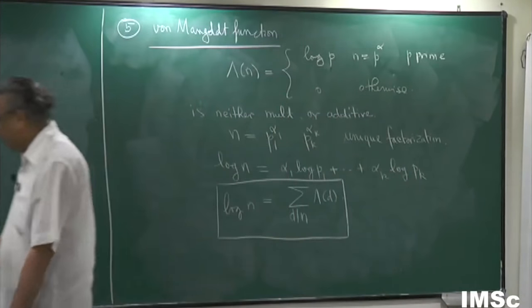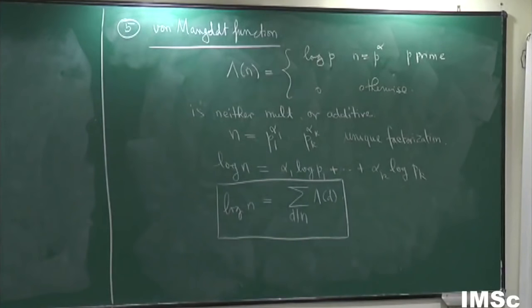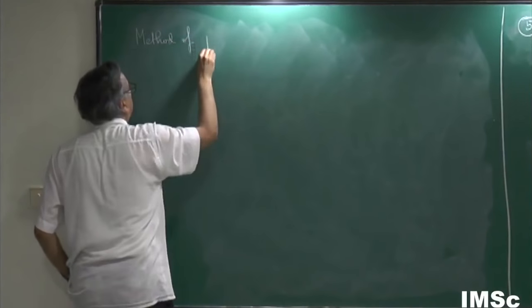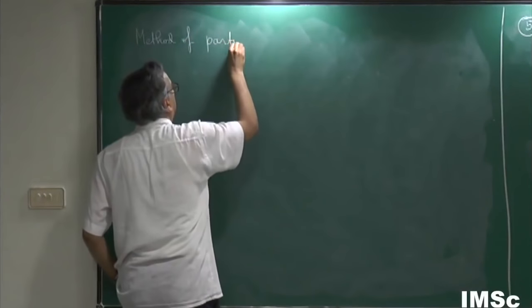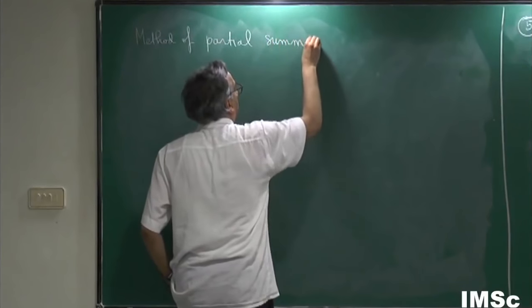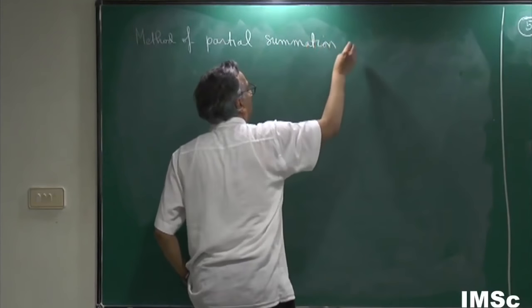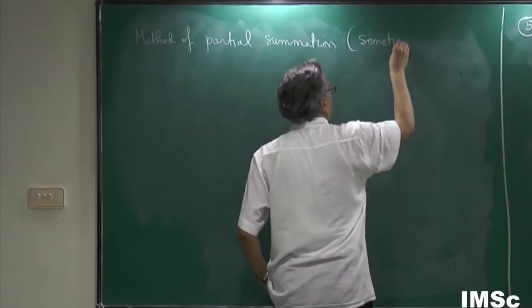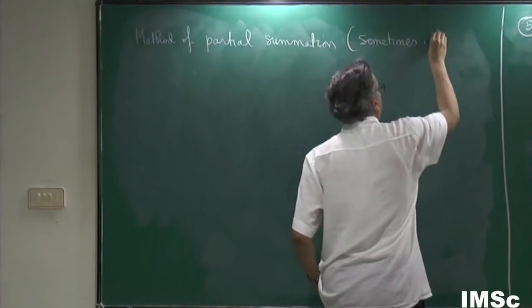Let me say a few words about what are called summation techniques. And the most important technique is what's called the method of partial summation, sometimes called Abel summation, after Abel, who discovered it.